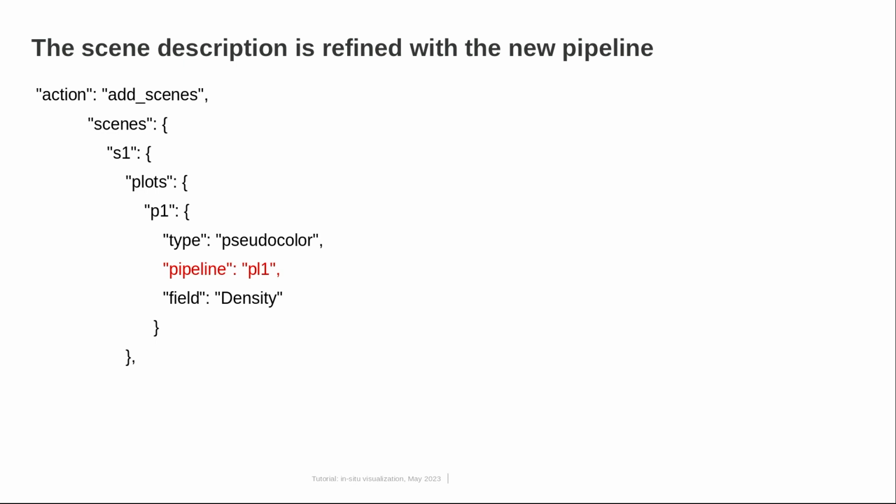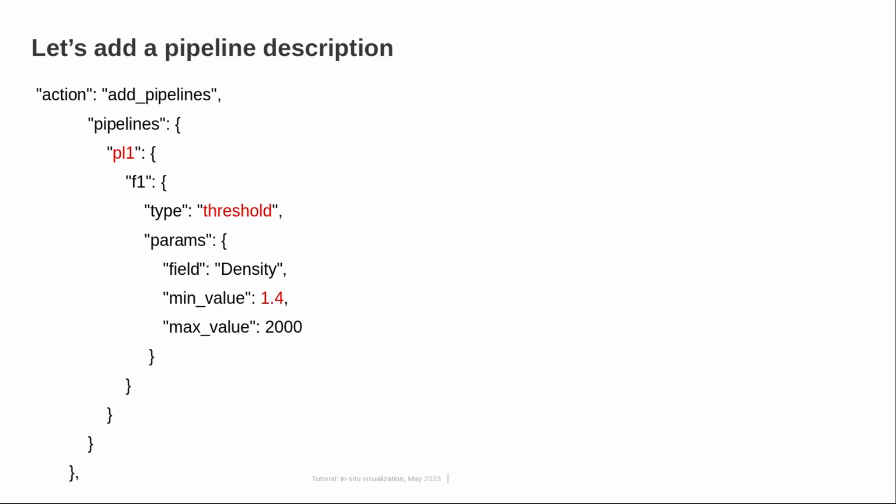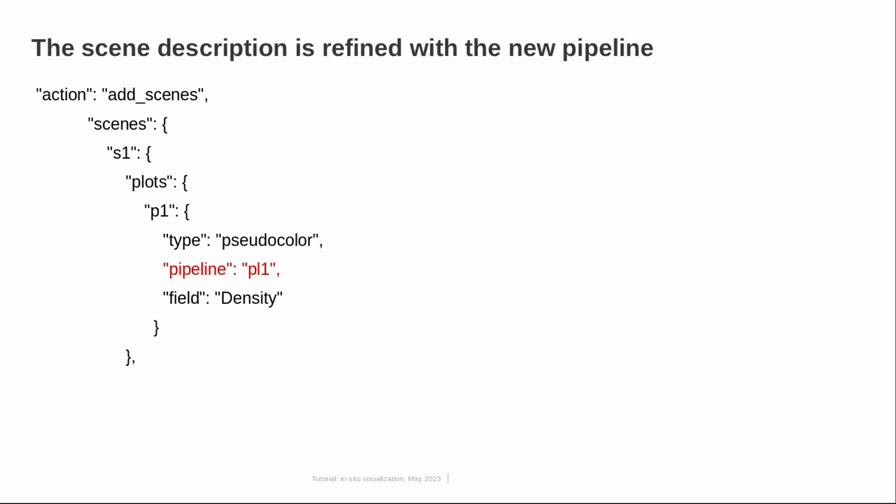However, in the previous page here, I have defined a pipeline. Instead of showing the mesh itself, I want to threshold it. So I have defined my pipeline called PL1. And this is what I specify here as a pipeline in my scene description.